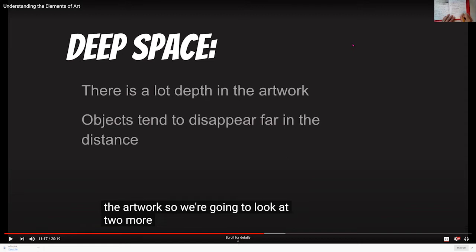There is a lot of depth in the artwork. Objects tend to disappear far in the distance.